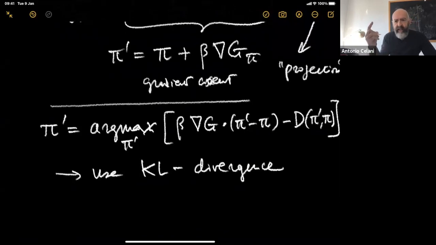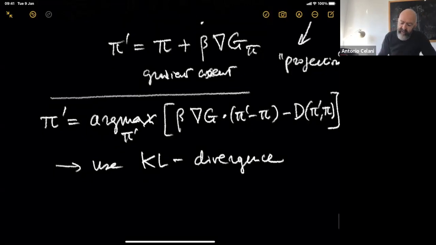Because we don't have a single policy, we don't have a single probability distribution. We have a collection of probability distributions, one for every state. So we have to combine all these policies to make a global distance between two policies rather than between two probability distributions.